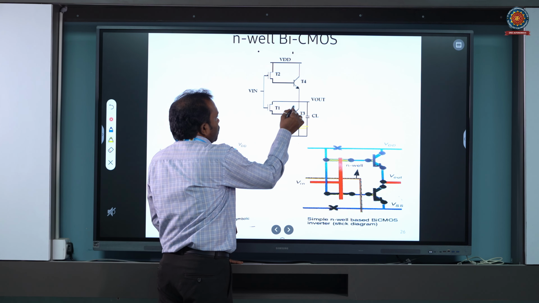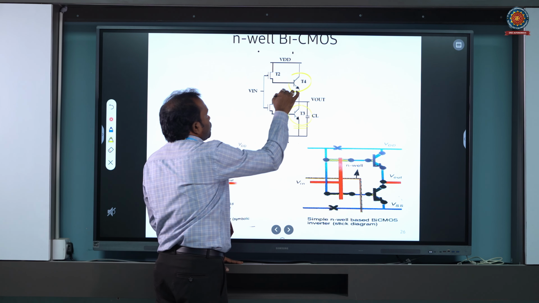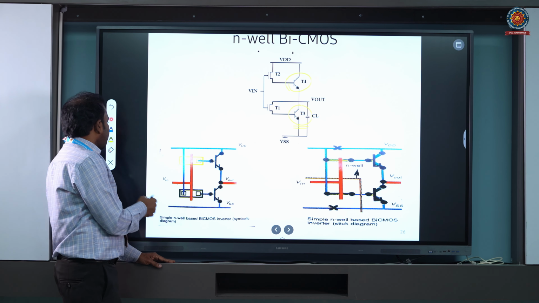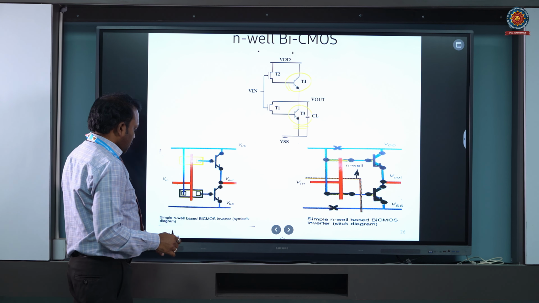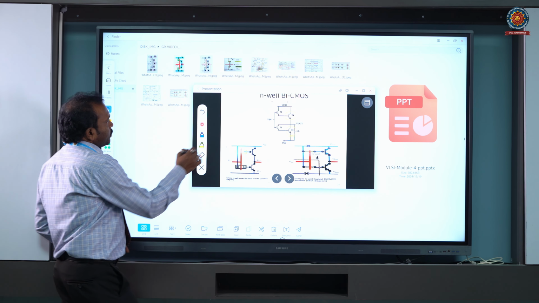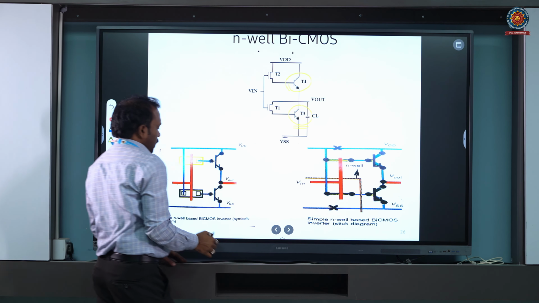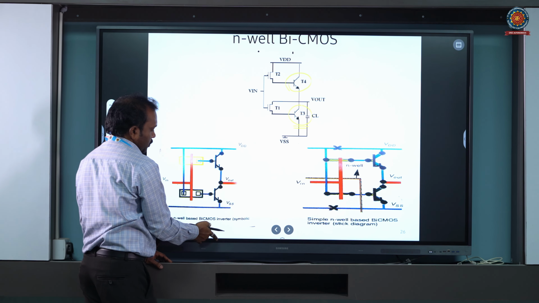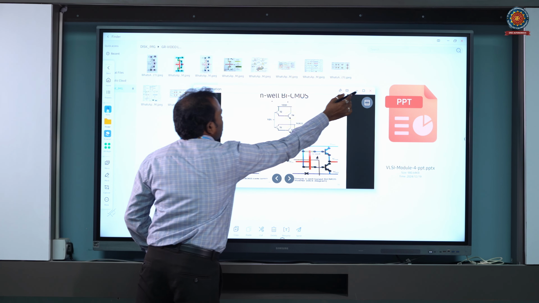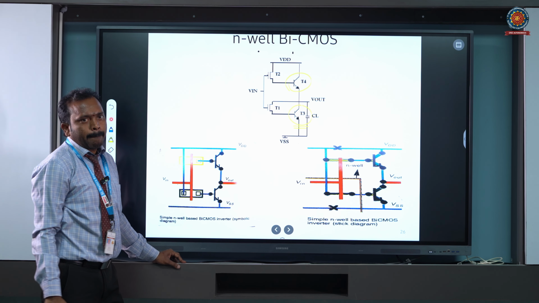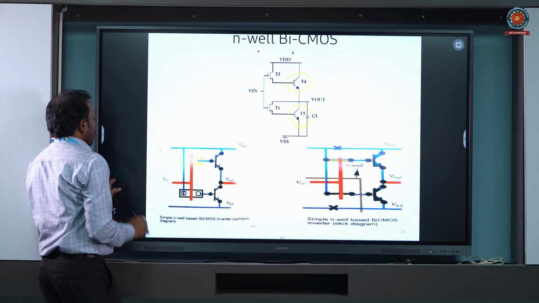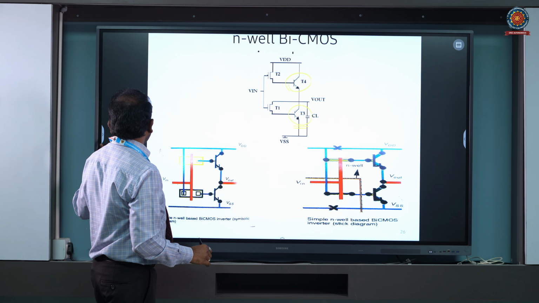And here the BJT is one transistor, and this is an inverter. Now this is the way we need to draw. So let us go for one more, that is stick diagrams, and let us see the examples of this.